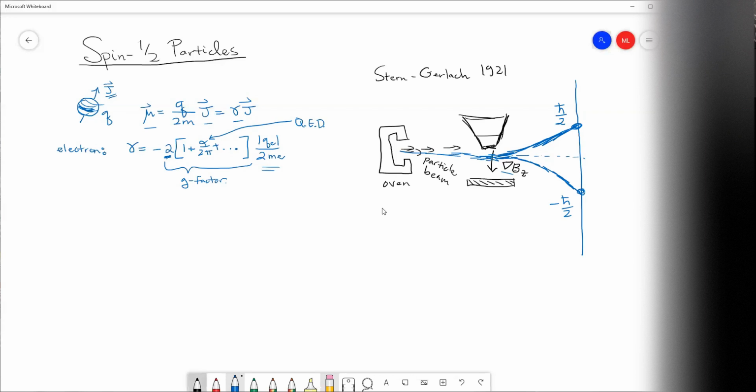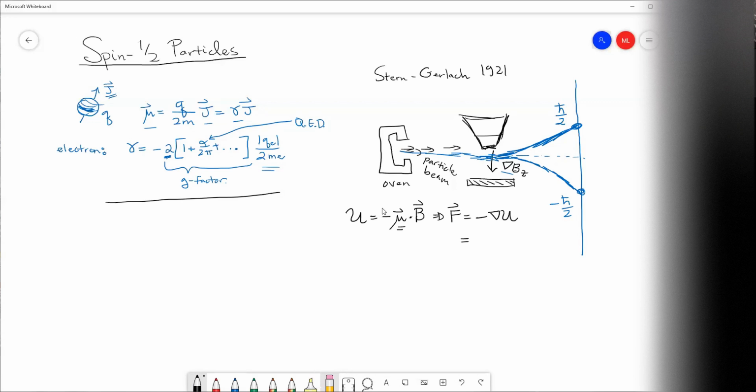The way we can understand it is that there's a potential energy associated with any magnetic moment in the presence of a B field. It's just a magnetic moment dotted into the B field. So there'll be a force on the particles if they have a little magnetic moment, equal to minus the gradient of the potential.